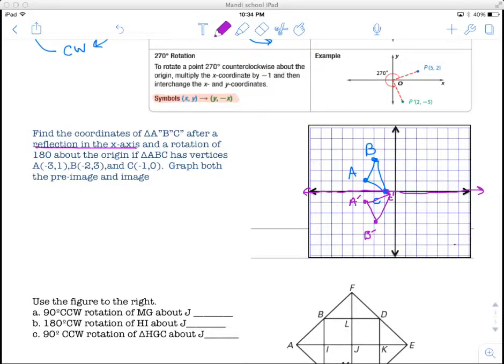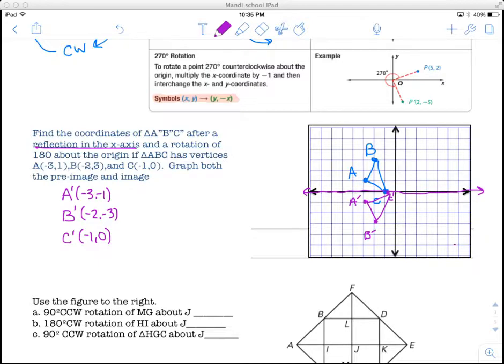So our new coordinates for A prime are at negative 3, negative 1. B prime is at negative 2, negative 3. And C prime is still at negative 1, 0, because that doesn't move when you reflect it, because it's on the line of reflection.